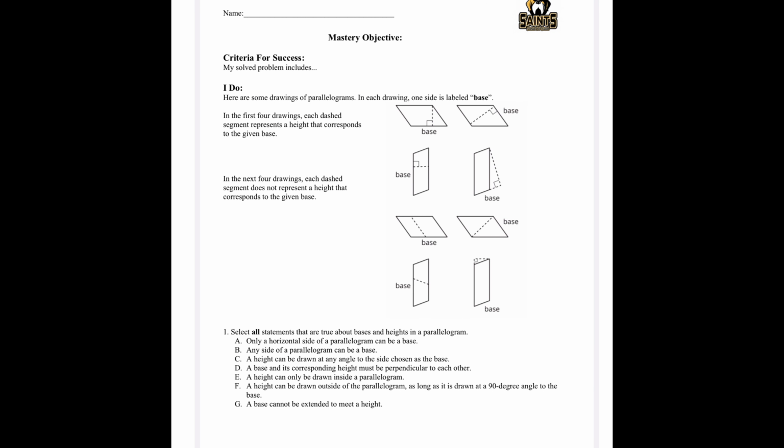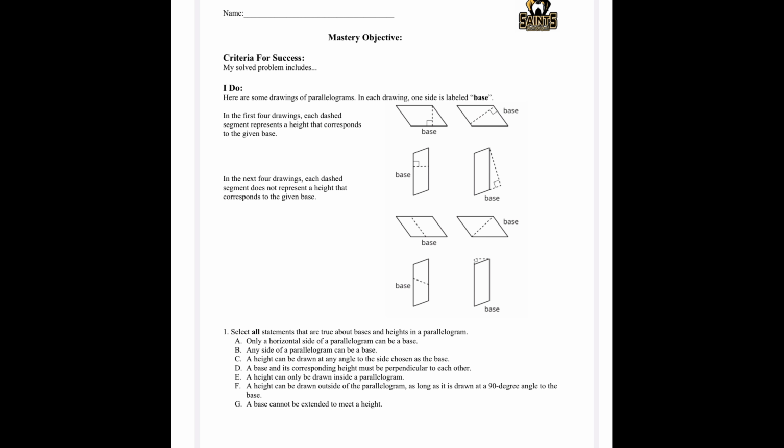So be talking about how, oh, look, I'm noticing that these 2 sides are the same, and these sides are the same, and these angles are the same, and these angles are the same. And go ahead and show them the symbols that they can use to demonstrate that.